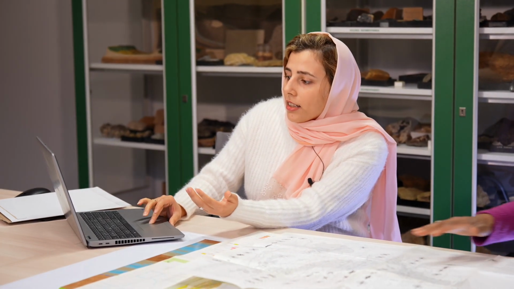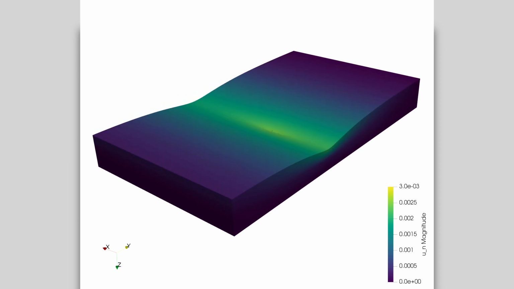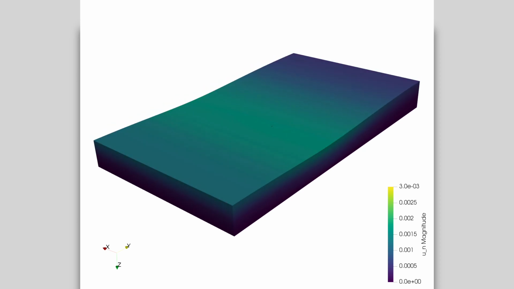And then we would extract the deformation, like this movie that shows the deformation in the region after extracting water from this pumping well, or even other results like flux and pressure of the aquifer system.